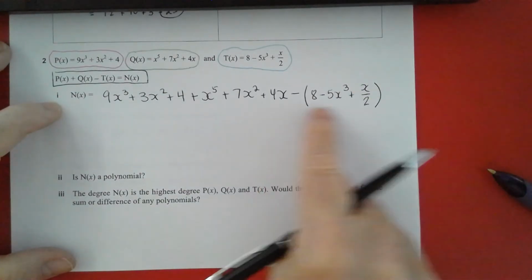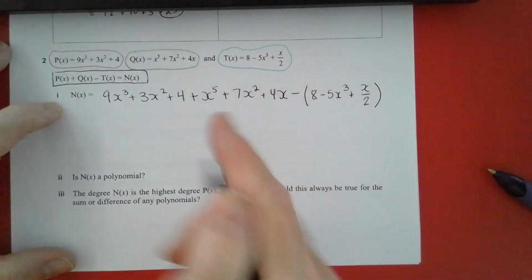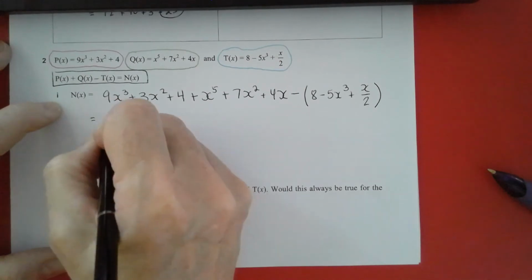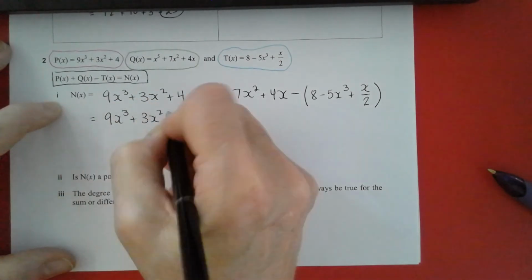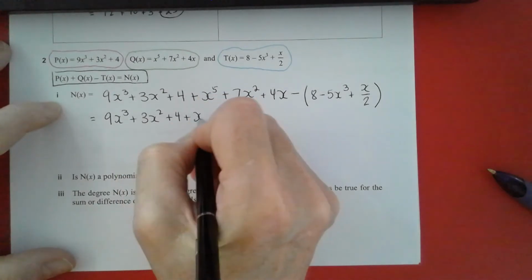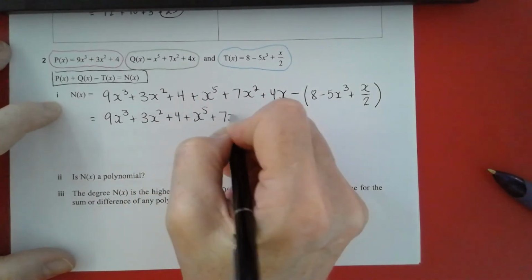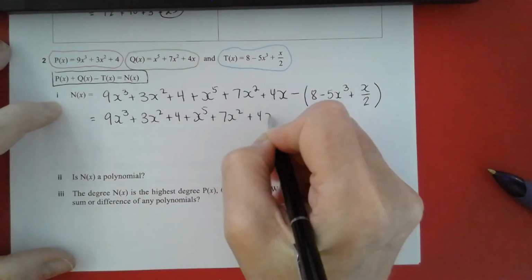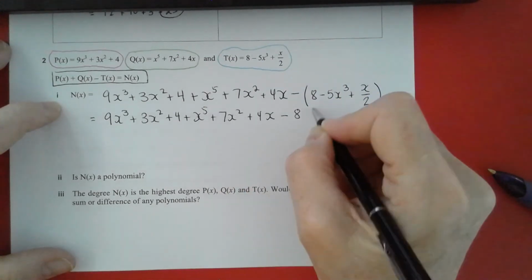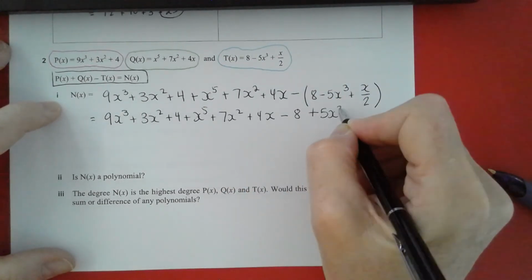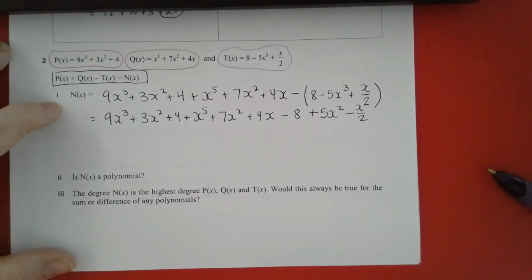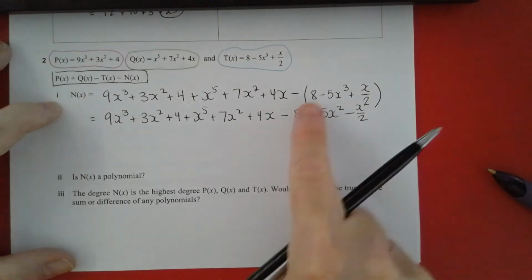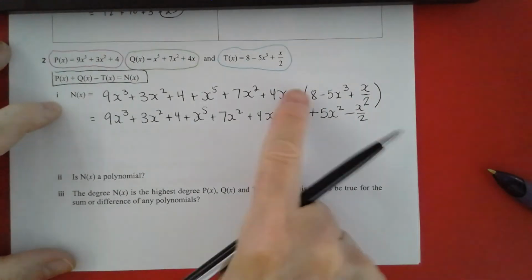Okay, so I've got to get this sorted out first. I've got to get rid of that bracket. So I'm going to have every sign change because of that minus sign. Everybody okay? Every sign that was T changed because it said minus.